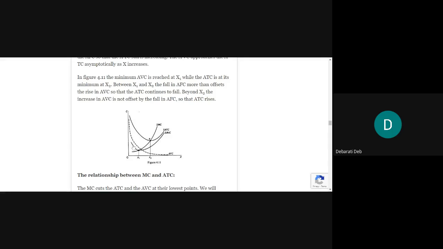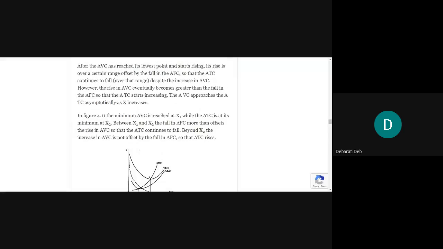But SAVC will be at a lower level, and you will have to draw both SAVC and SATC in a single diagram.